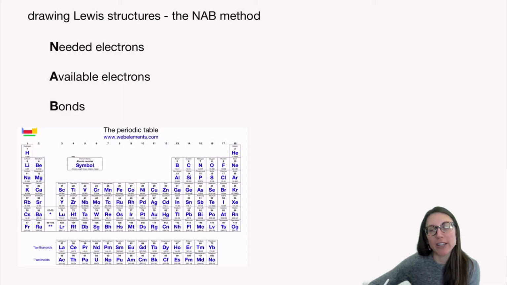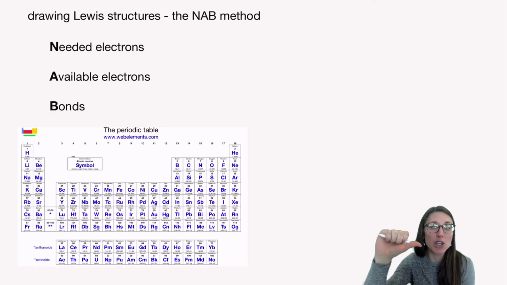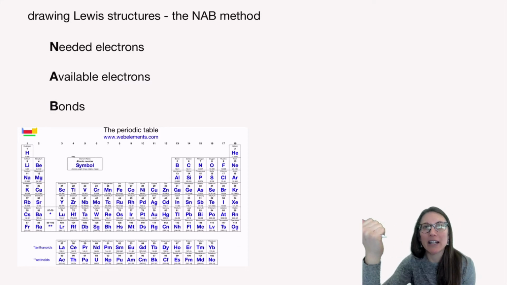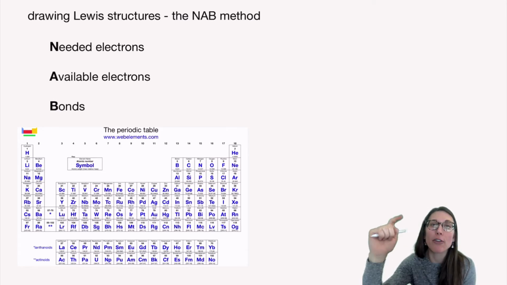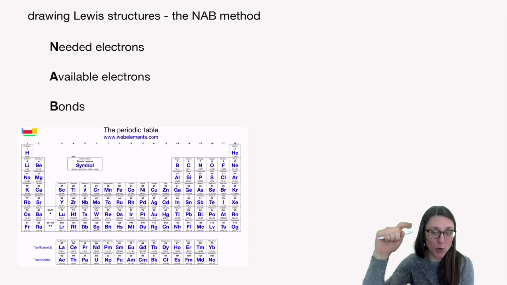I strongly encourage you to use the NAB method when it comes time to draw Lewis structures. There's different ways people do it. This one I have found is the most foolproof. So what the NAB method stands for is you're going to figure out how many needed electrons you have. And when I say needed, that would be the number of electrons required to provide a full valence shell, so 8 electrons for every atom in your molecule.